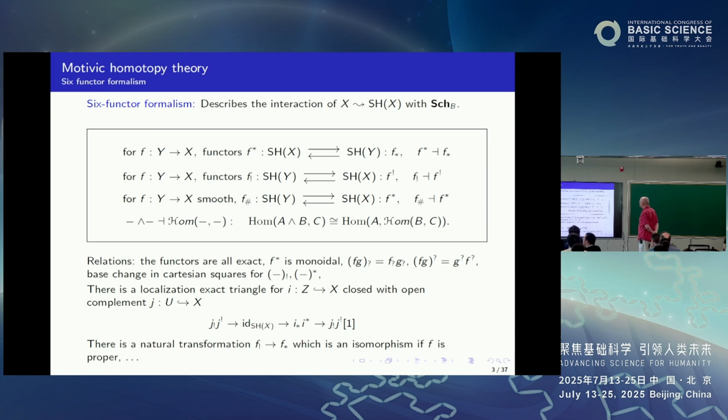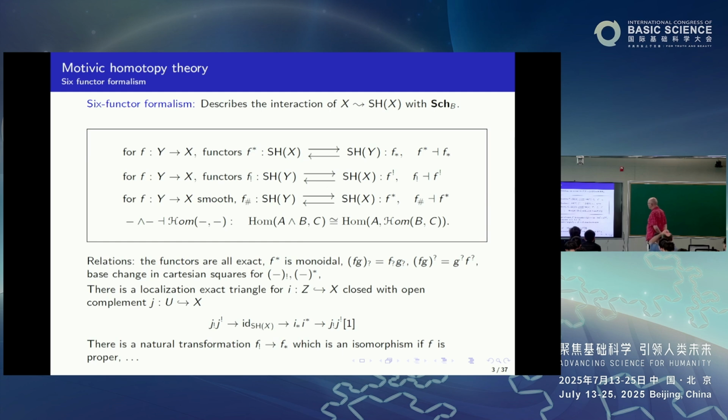So that's 4, and there are 2 more. There's the internal hom and the tensor product or smash product, that's the 6. And there's this extra one, the f lower sharp, which is in some sense the most elementary one. This is the left adjoint to f upper star, but just for smooth maps. So it's really sort of 6.5 functors, if you count properly.